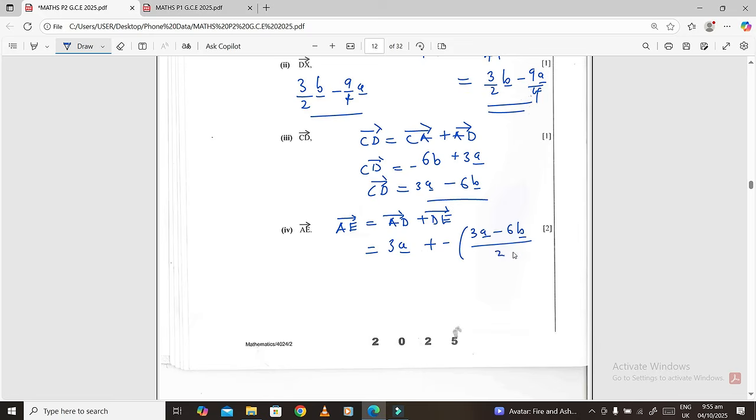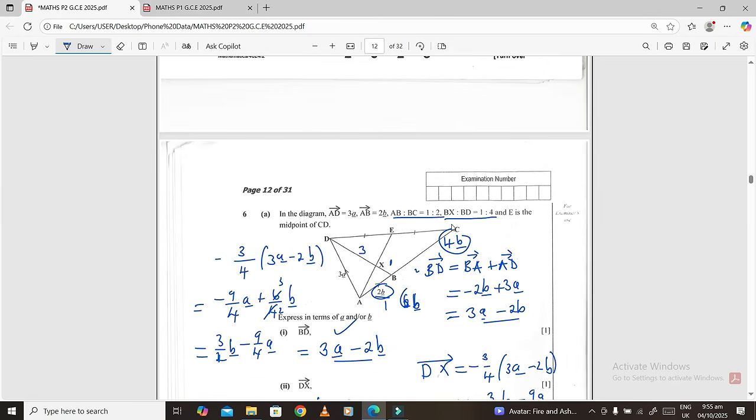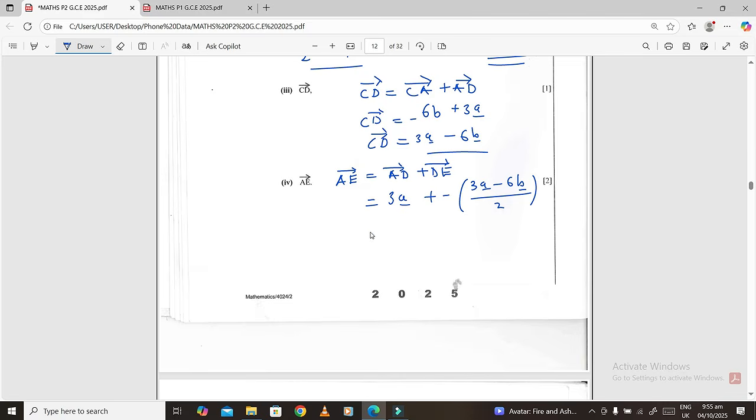Since it's half, we shall say divide by 2. We found CD, but we want to use DE, and we know that E is a midpoint. That's why I'm dividing by 2. So this will be 3A plus 6B over 2.